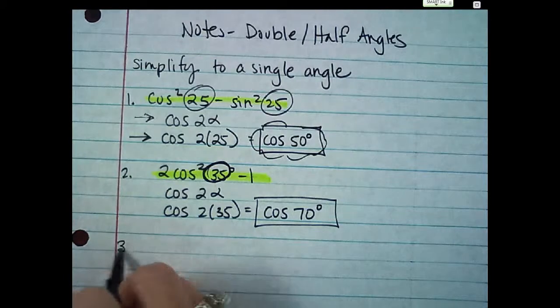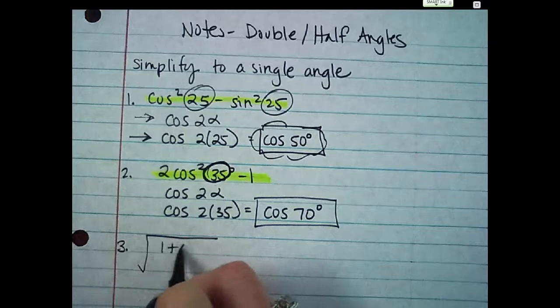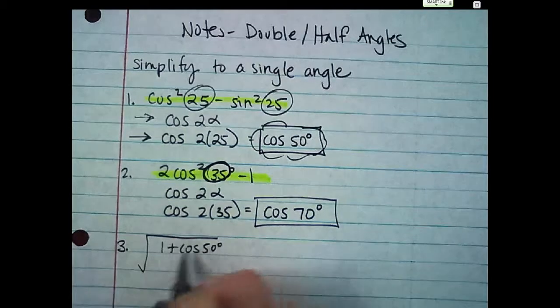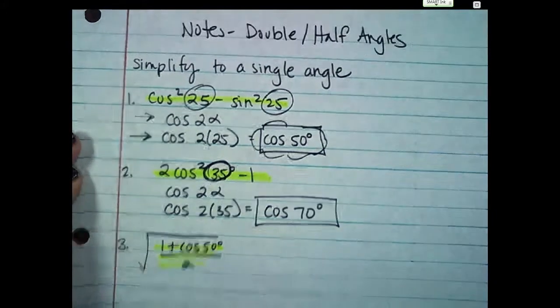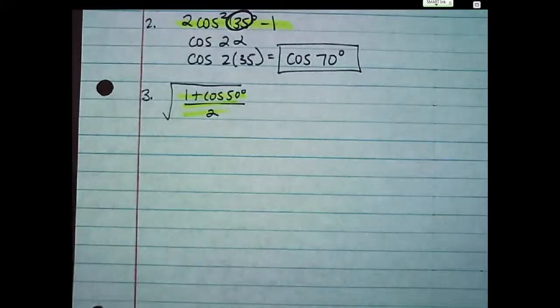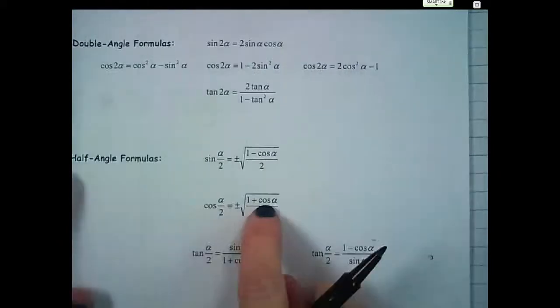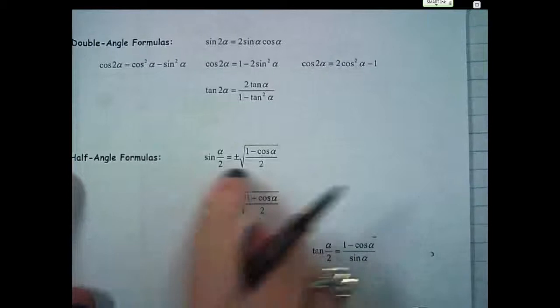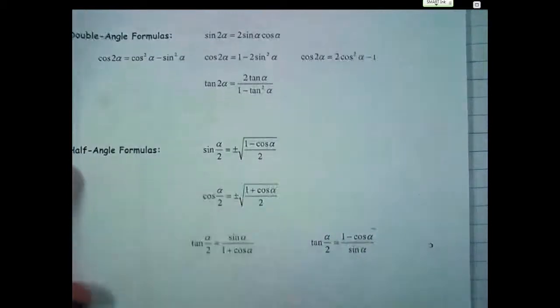Okay, number 3. Number 3 has a radical, and it says the square root of 1 plus cosine of 50 over 2. Now guys, the radicals are the ones that are at the bottom, the ones with the square roots. So if you look at those, square root of 1 plus cosine over 2 is this formula right here, which is cosine of alpha divided by 2.